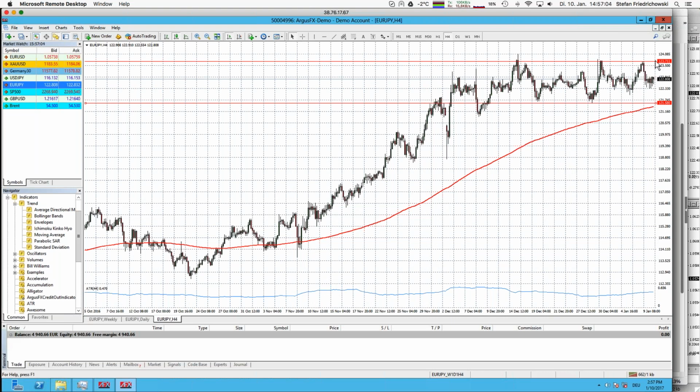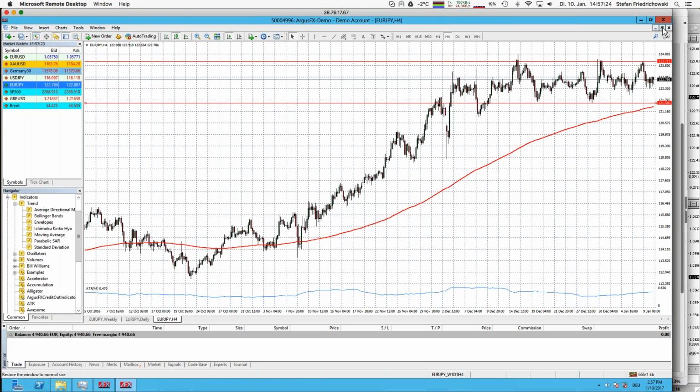Then we have the two chances, the breakout scenario or the stay-in scenario. So the stay-in scenario means, okay, price will move here and then go back within the range.